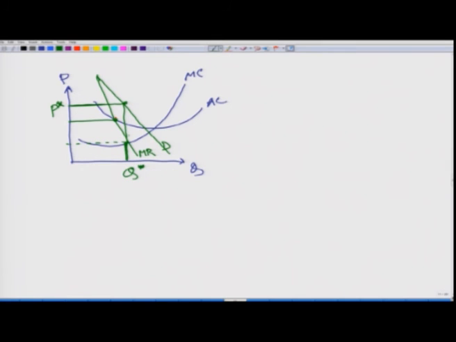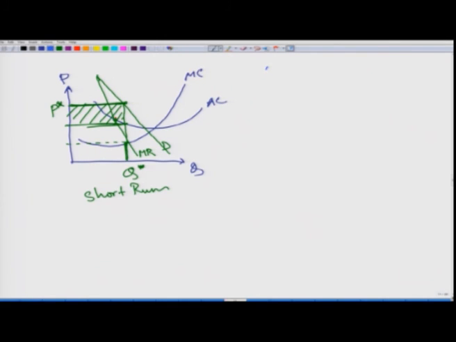But they will make a profit where they are getting this through the average cost curve. This is their cost, and this is the demand; based on the demand curve, this is the price, and this is the cost, and this is the profit. But this is a short run framework.